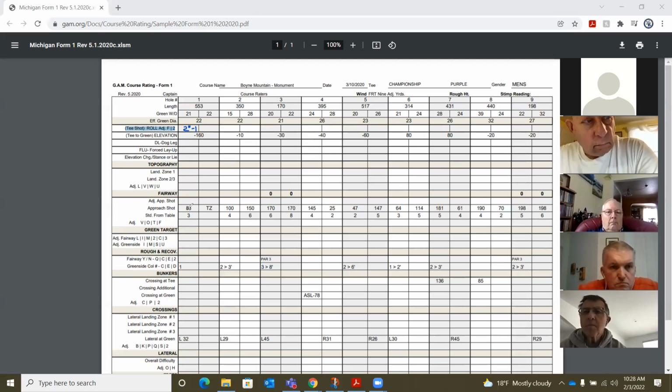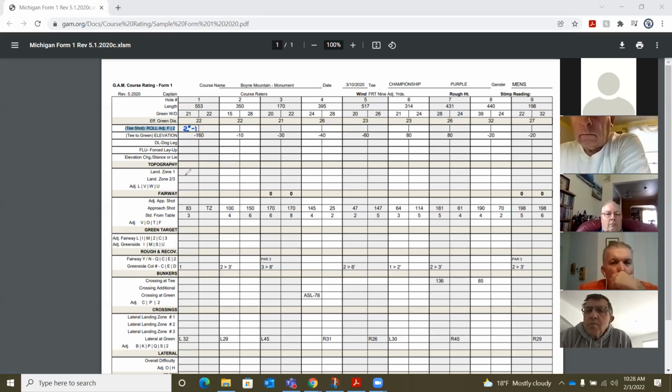But for our approach shot here, because we're going downhill and the ball is going to roll out more, we're going to say it's going to be 10 yards more than normal. I know we're putting a lot out here. But then we're going to cross this out, make it 73 for our now adjusted approach shot length.